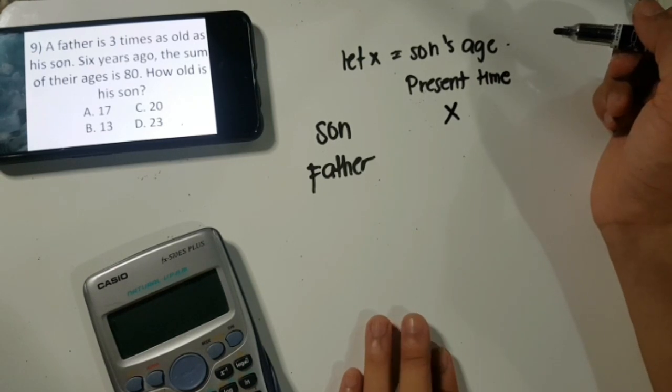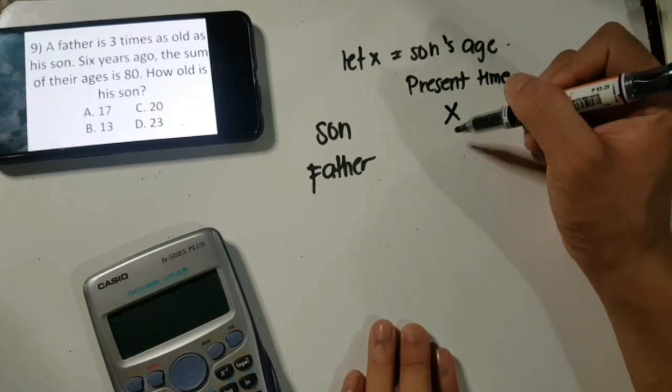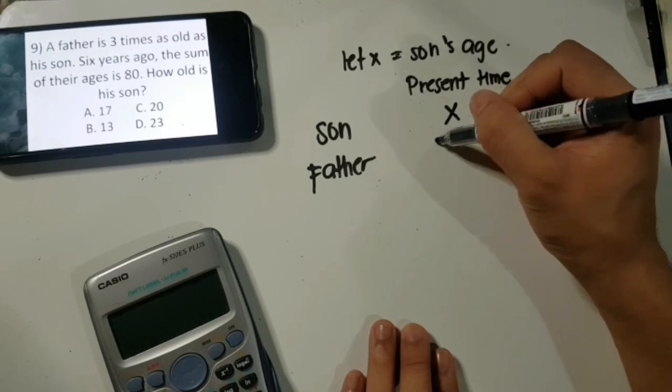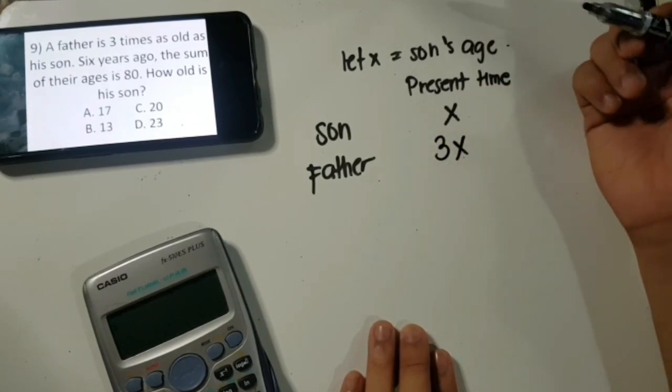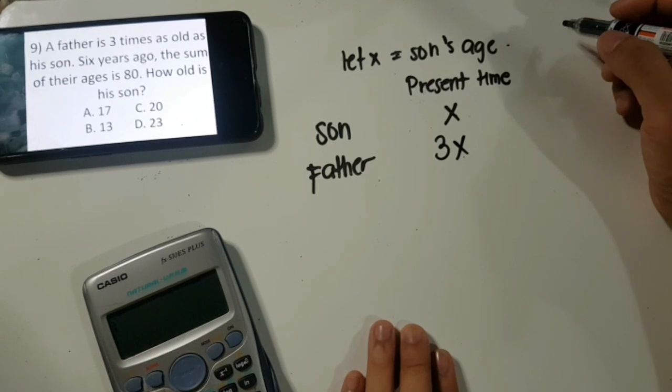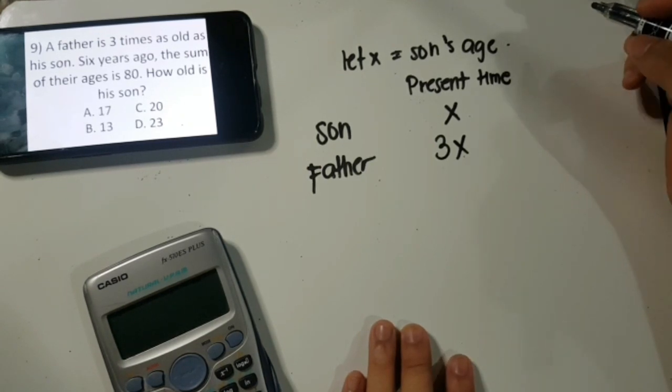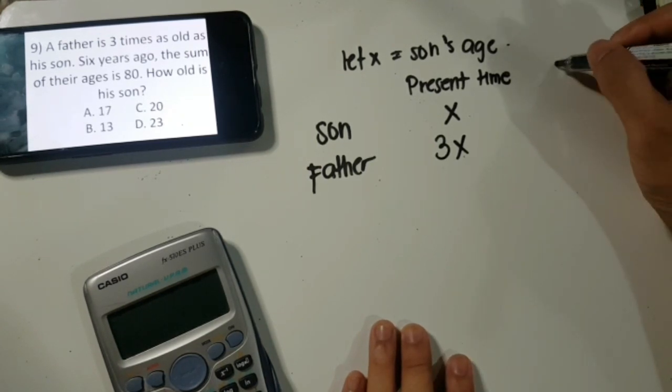Tapos sabi sa problem, a father is 3 times as old as his son. So, 3 beses daw ni son, so 3x. So, next. Sa next statement, 6 years ago, the sum of their ages is 80. So, 6 years ago.